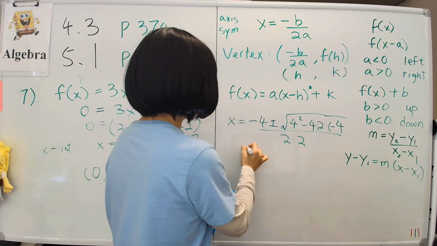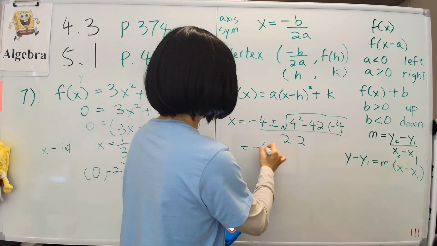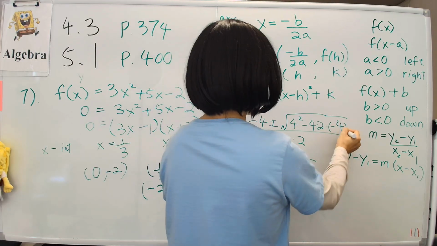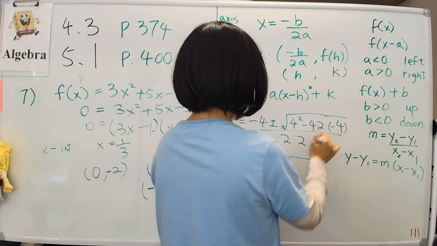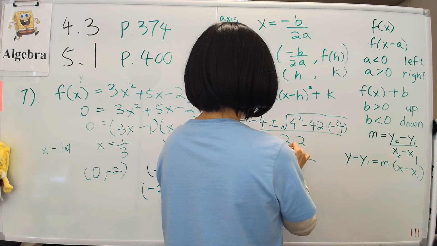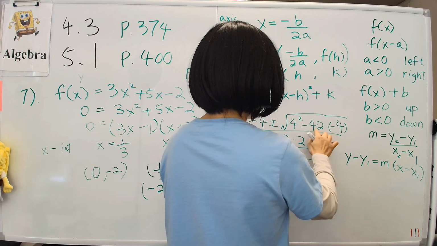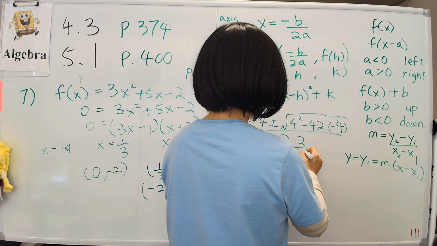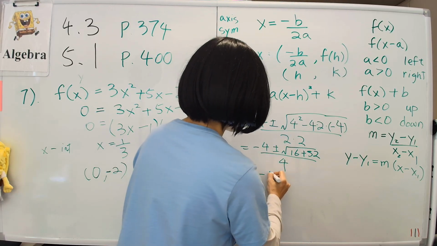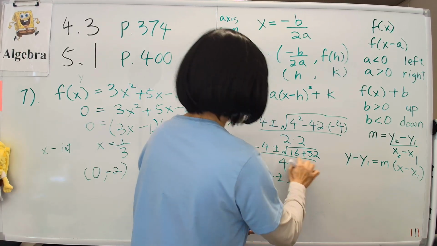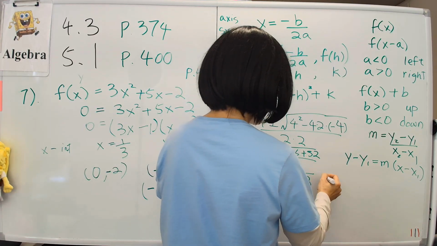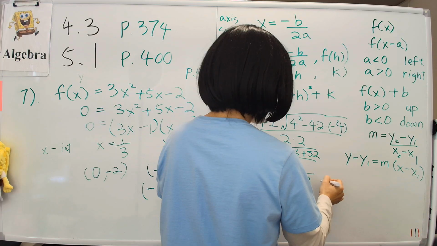That would be equal to minus 4 divided by 4, and 4 squared becomes a plus, so plus or minus the square root of 16, 16 times 2 is 32, which is equal to minus 4 plus or minus the square root of, what is that? 16, that's 48. 48 is 4 times 12, right?